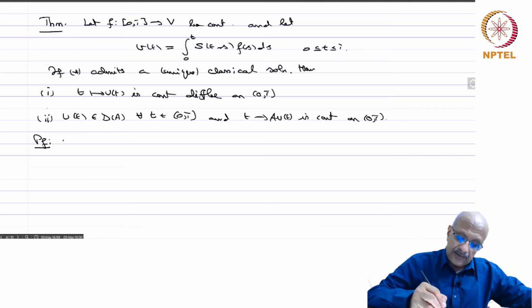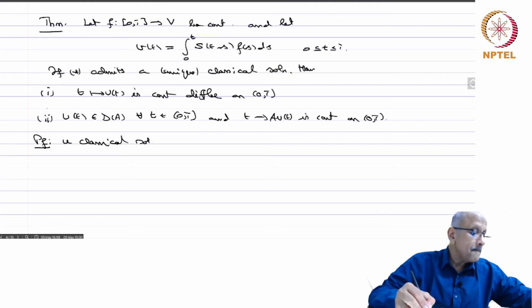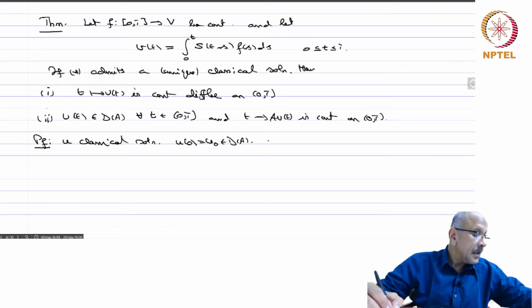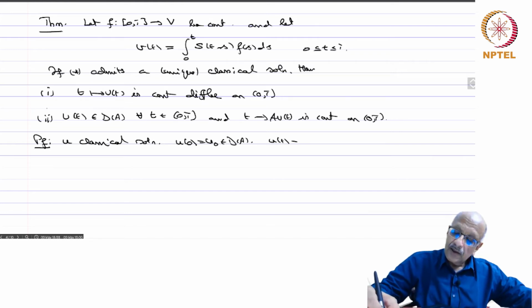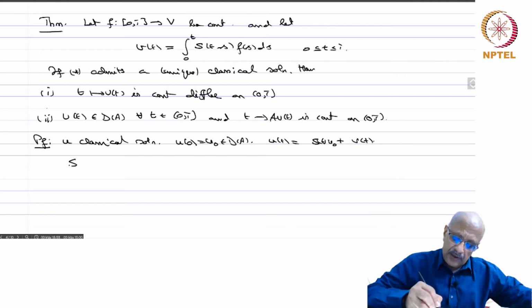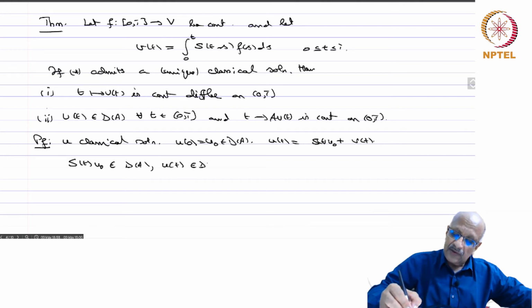Okay, so u is a classical solution and u(0) equals u0 in D(A). Then u(t) is equal to S(t) u0 plus v(t). Now S(t) u0 belongs to D(A), u(t) is also in D(A) because you have a classical solution.